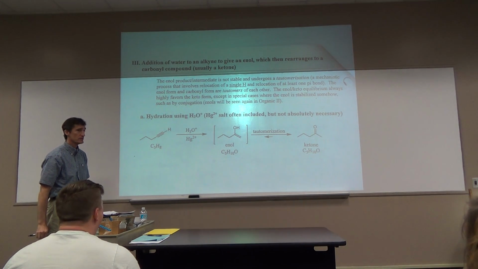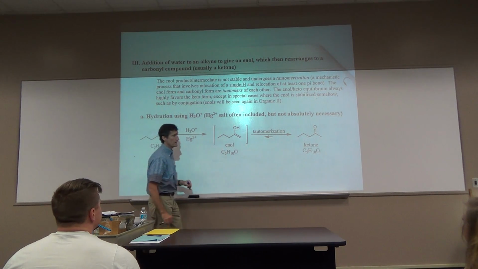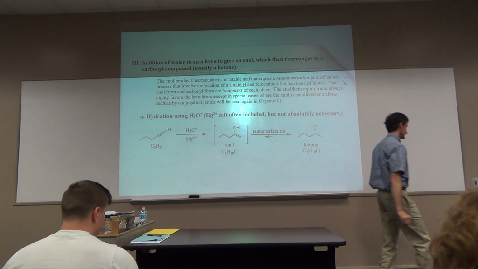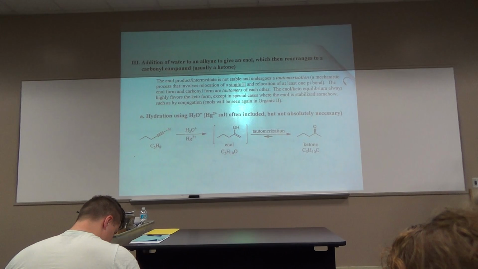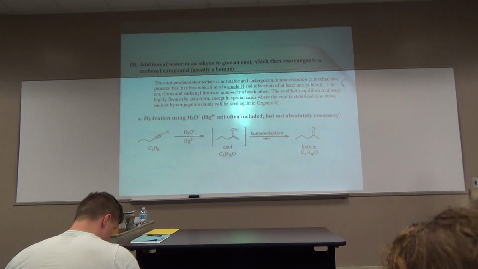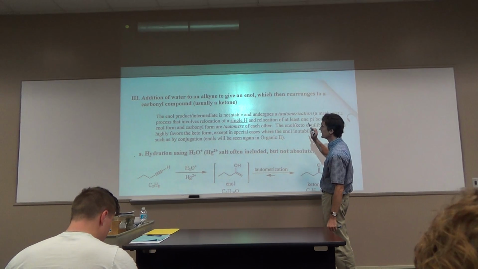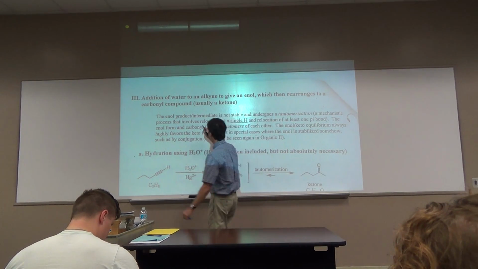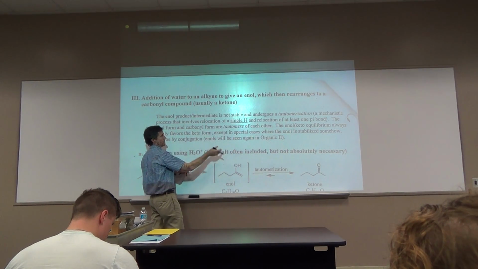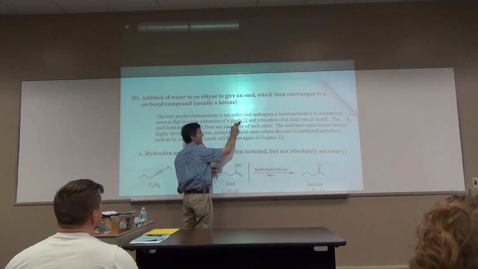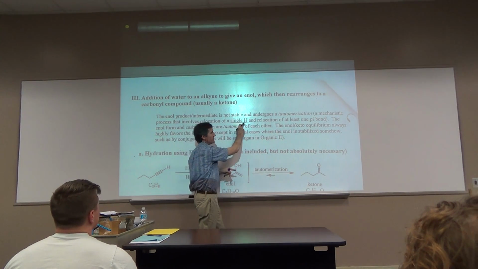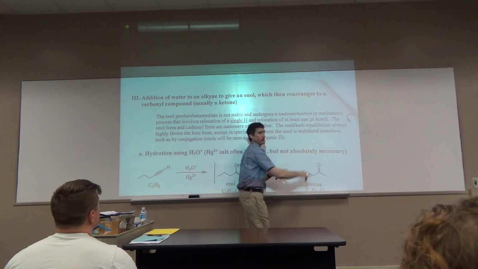Definition of a tautomer is, I believe, written below. Or above. A tautomer involves relocation of a single hydrogen and relocation of at least one pi bond.